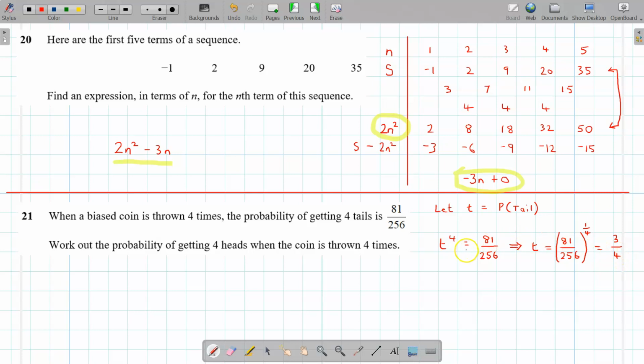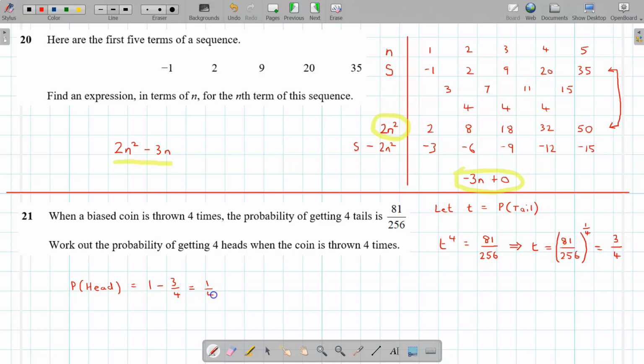So the probability of getting a tail is 3/4. So therefore the probability of getting a head must be 1/4 on this particular coin, because it's 1 minus 3/4.